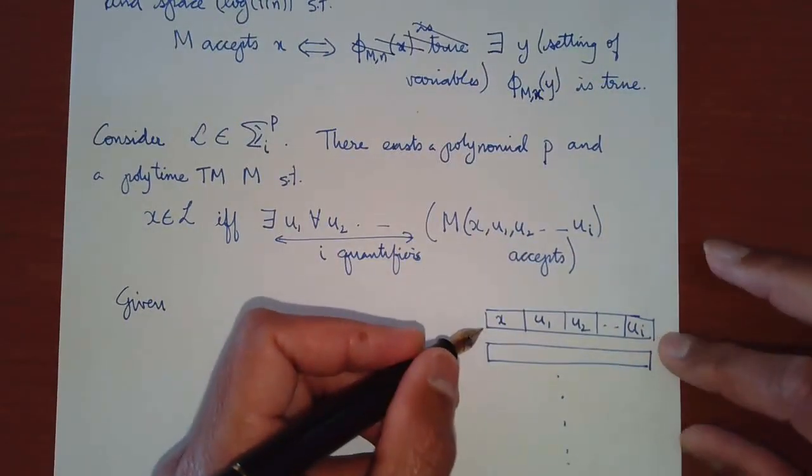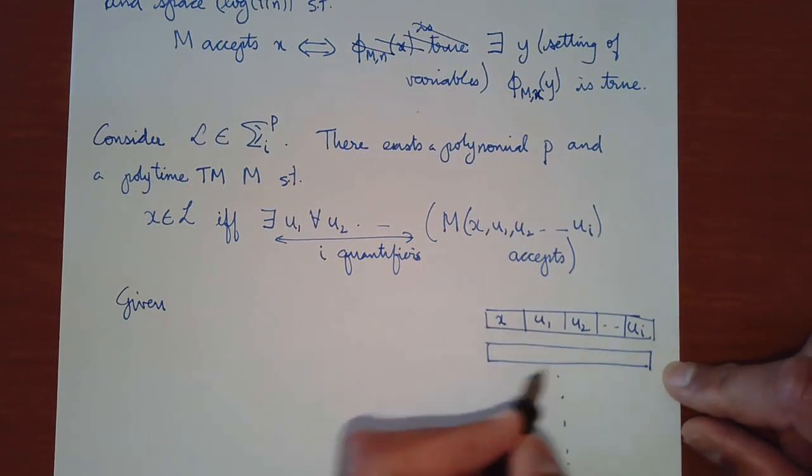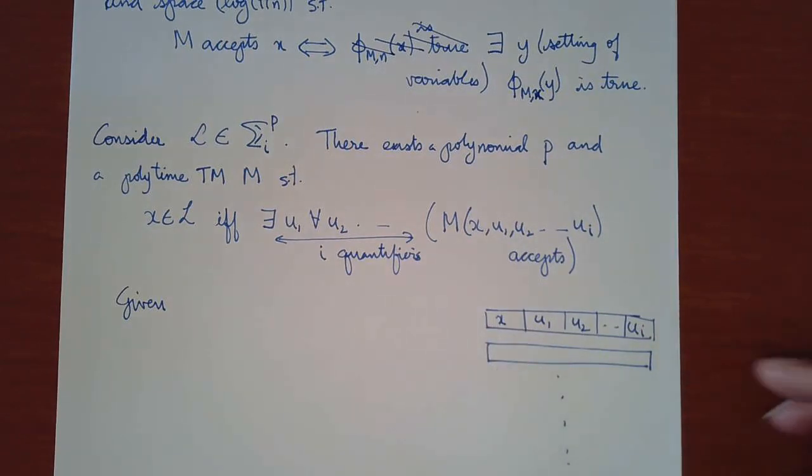This is what the first thing looks like. And the rest of it is all just some setting of the tableau. Does that make sense?